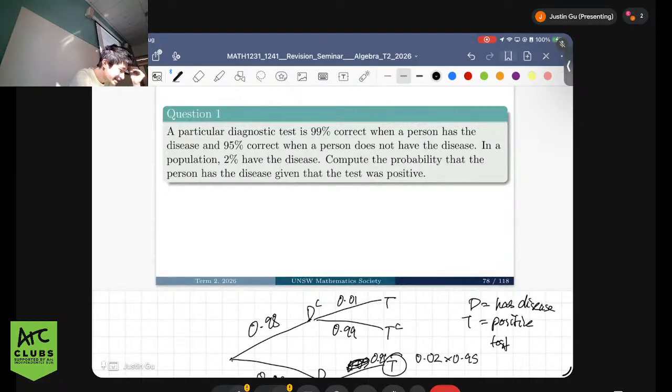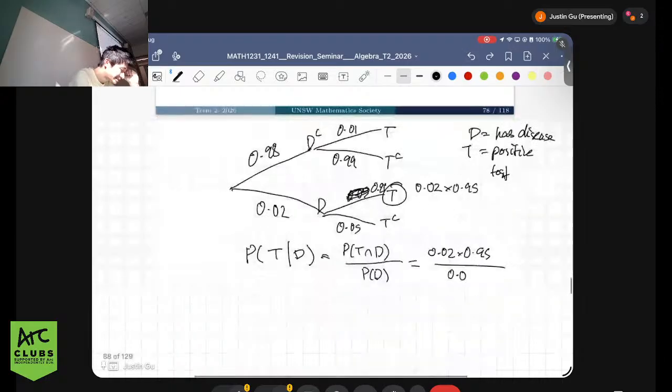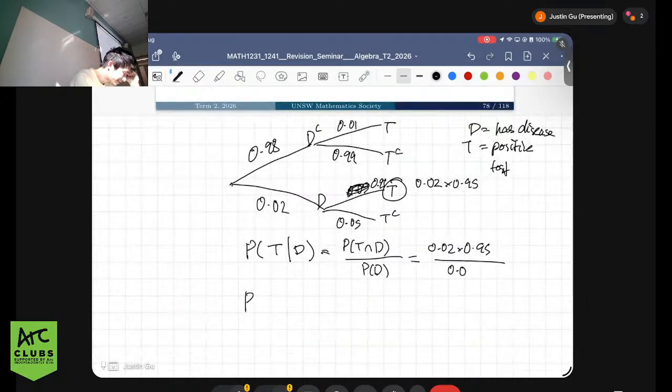Oh, sorry, I read that in the wrong order. The question is to compute the probability that the person has the disease given that the test was positive. So I actually wanted to calculate the other way around.